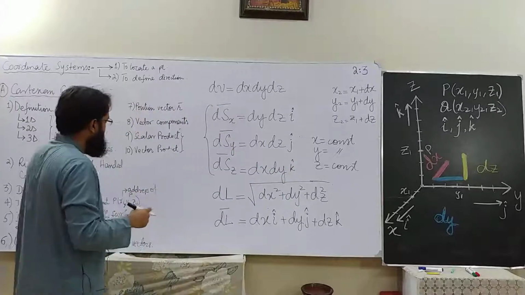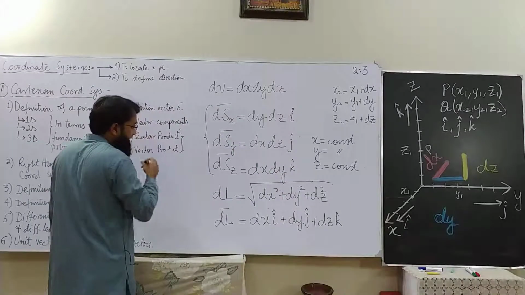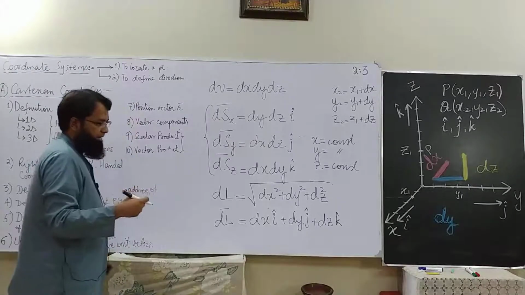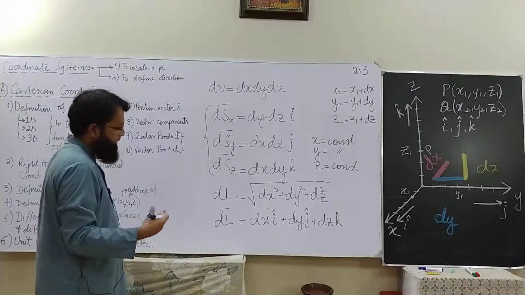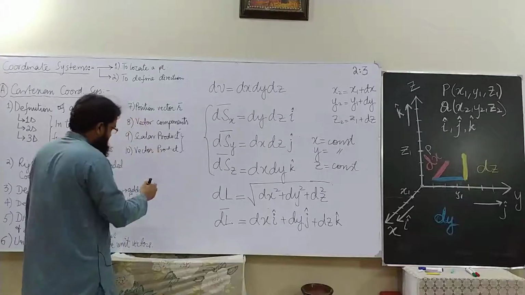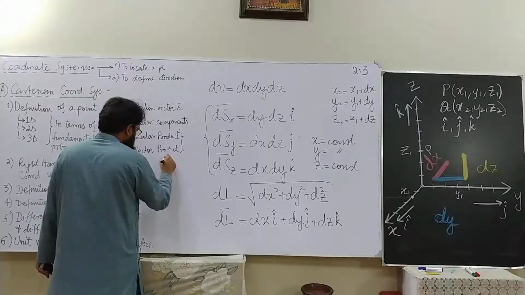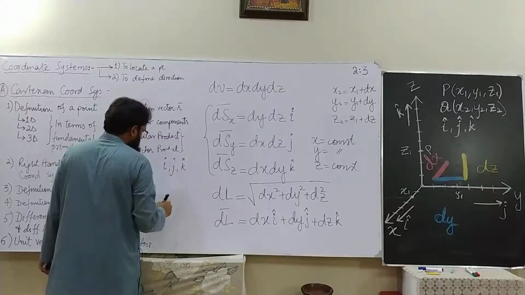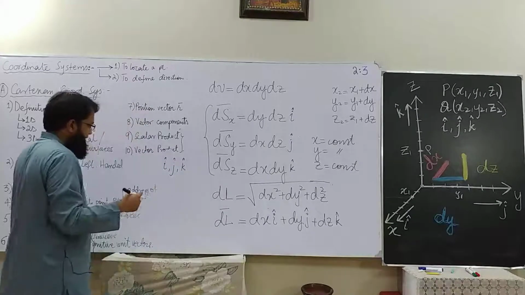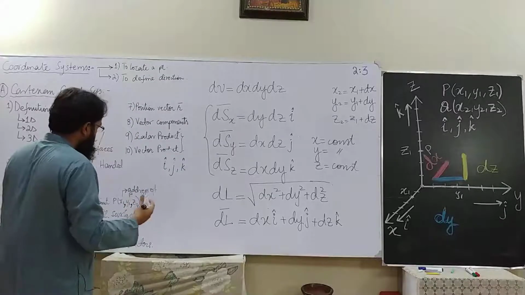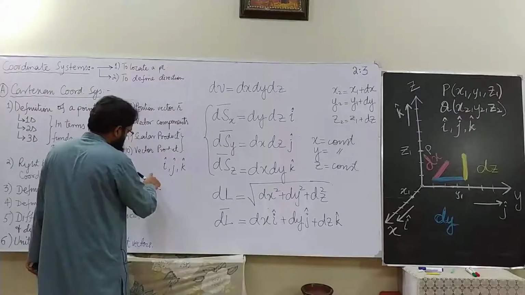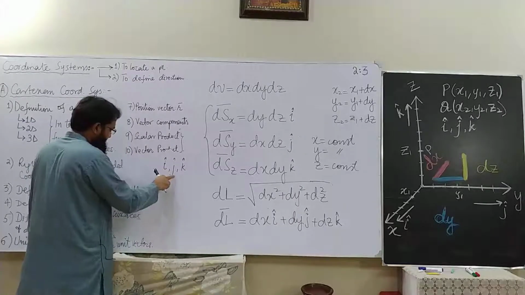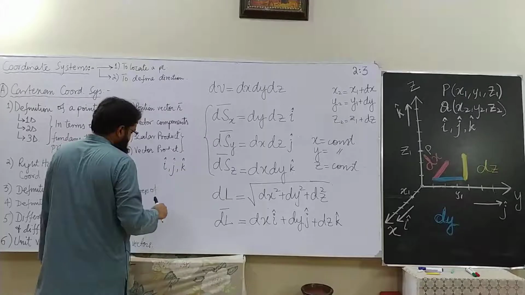You should always remember that the notation of unit vectors varies from author to author. Many use i, j, k, and you are more familiar with this because you came from an intermediate background in which i, j, k are the unit vectors pointing in the direction of the x axis, y axis, and z axis respectively.